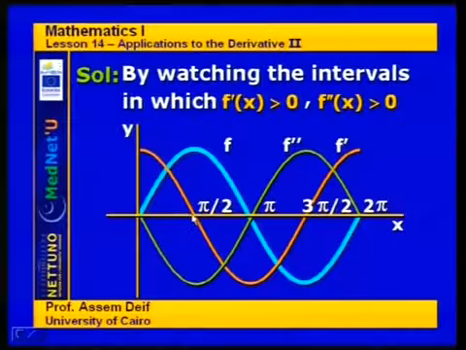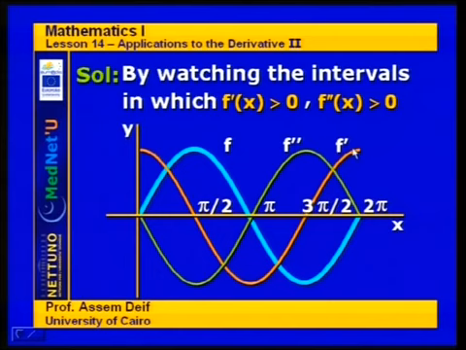And this point at which x is equal to pi by 2 is the maximum of sine. We know very well that the maximum is at the point pi by 2, and the minimum is at the point 3 pi by 2. But anyhow, it's increasing till pi by 2, so f prime is positive, and then it decreases till 3 pi by 2, so f prime is negative, and then it increases again, so f prime is positive.